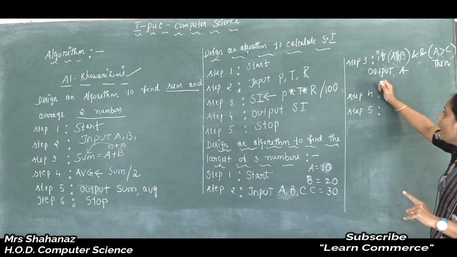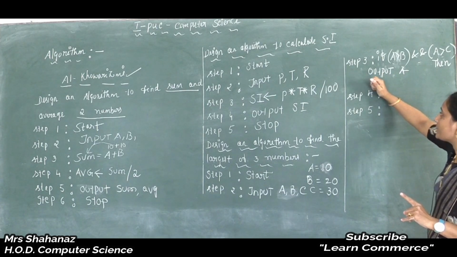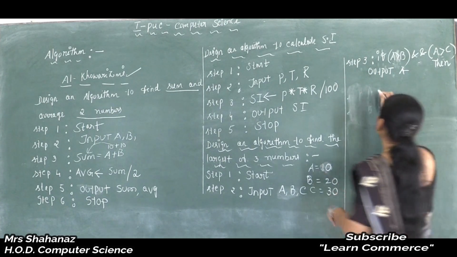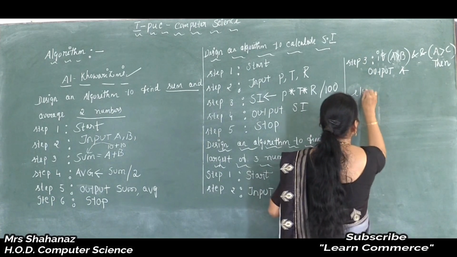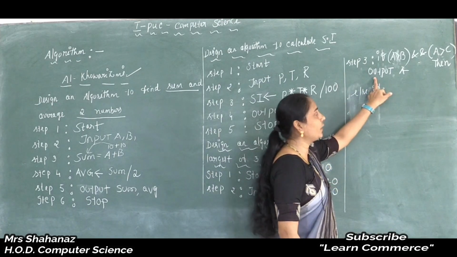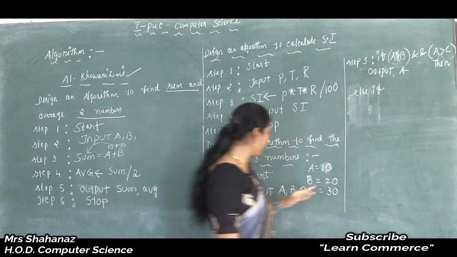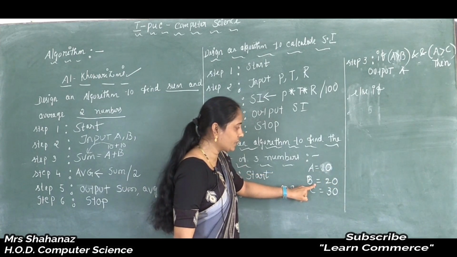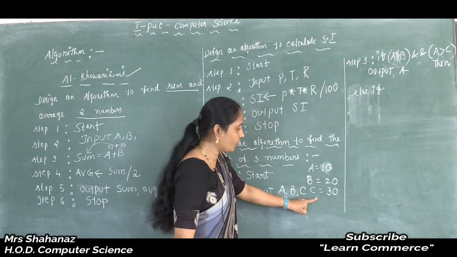Or else, I am going to use some other condition. So else, if this condition is not true, A value is not greater. Why? Because we know that the value A is equal to 10, B value is equal to 20, C value is equal to 30.